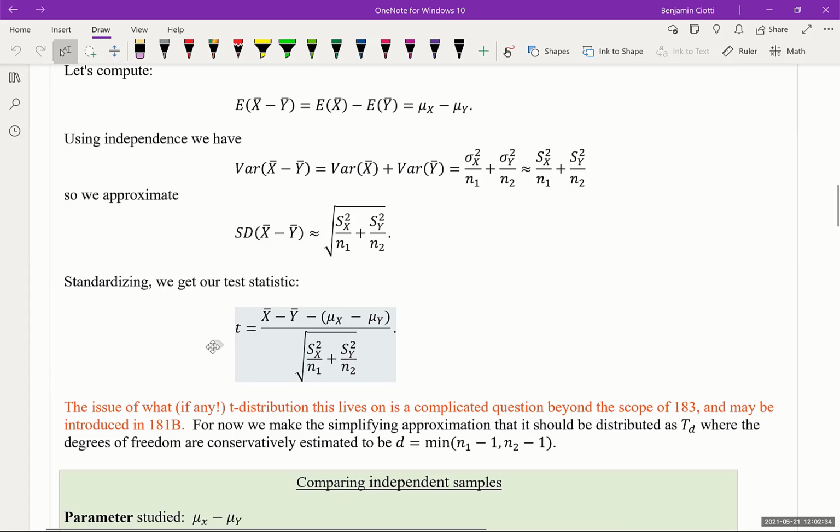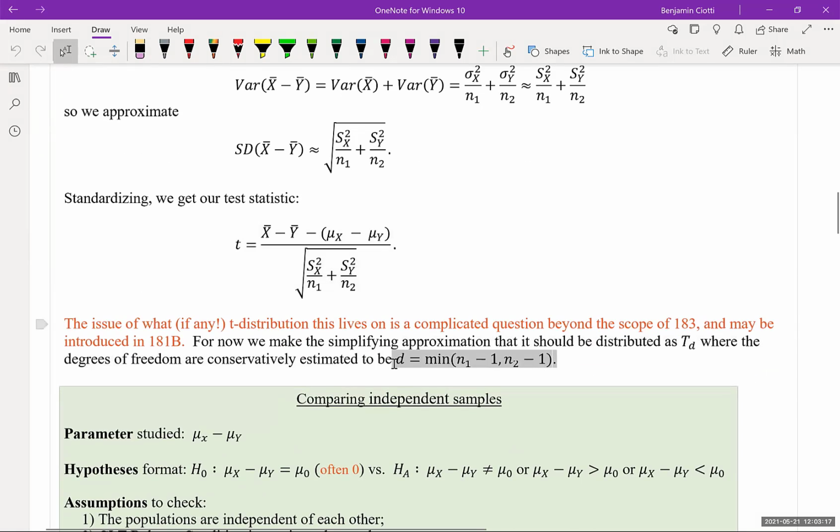But there's actually a question of even what distribution it lives on. And what distribution it lives on can potentially depend on the relative sizes of the variances of the two samples, which is even more bizarre.